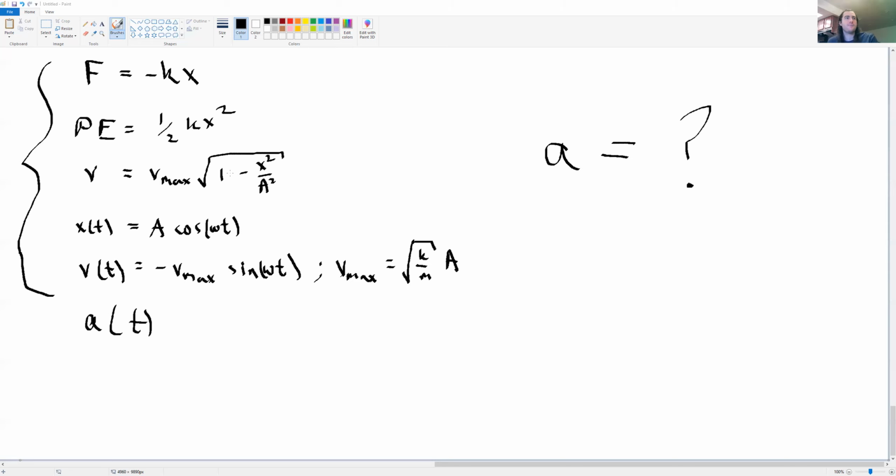I would be very skeptical of doing v over t, because delta x over delta t doesn't work. So delta v over delta t wouldn't work unless you can take the limit as delta t goes to 0.